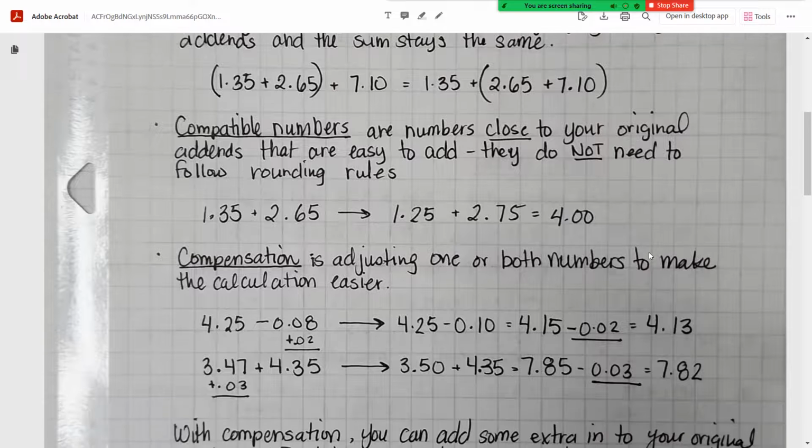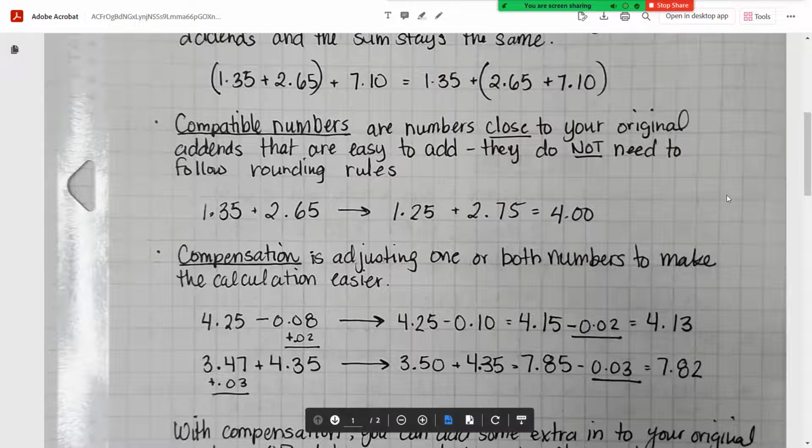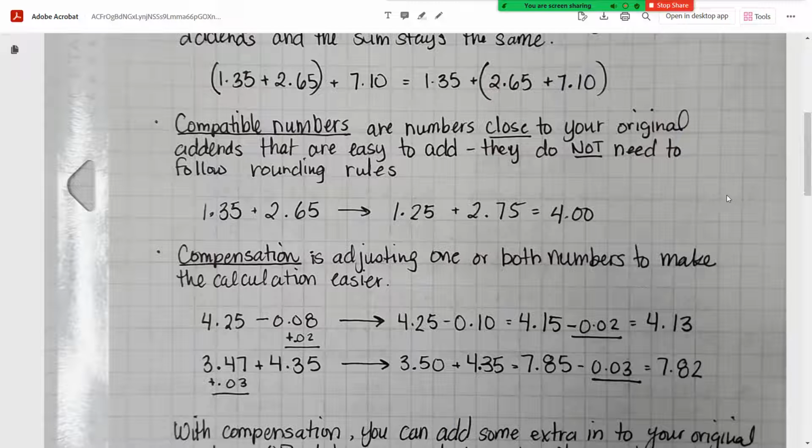Now, another strategy we can use is called compatible numbers. Compatible numbers are numbers that are close to your original numbers and they're easy to add. Compatible numbers do not need to follow rounding rules. They're just numbers that are easy to work with.